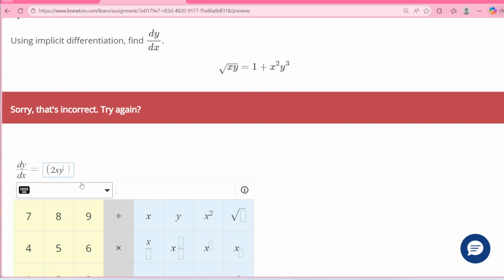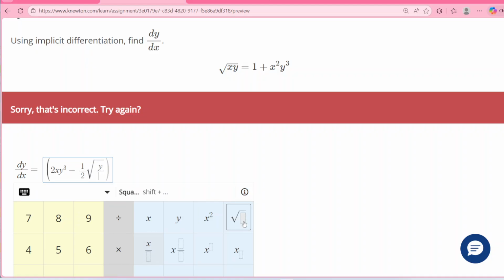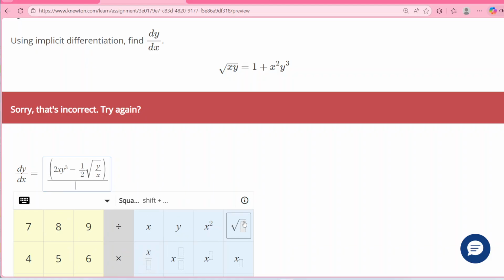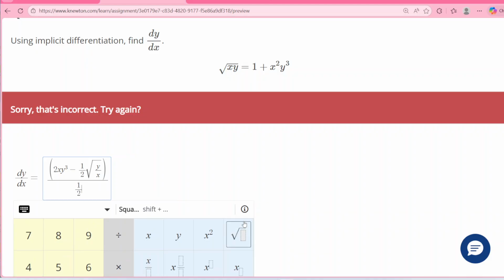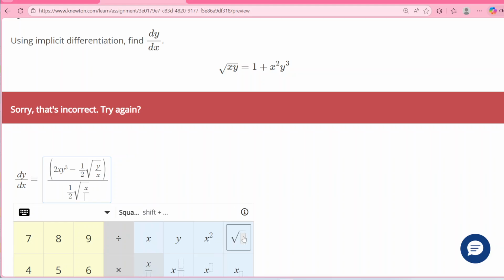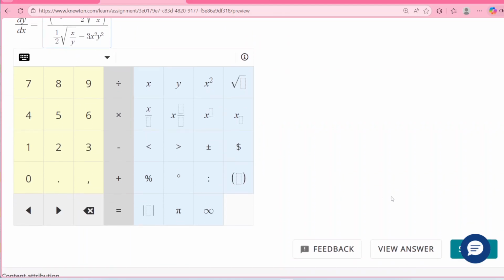We got 2xy cubed minus 1/2 times the square root of y over x, all in the numerator, divided by 1/2 times the square root of x over y, and after that, minus 3x squared y squared. I'm going to see if this works out.